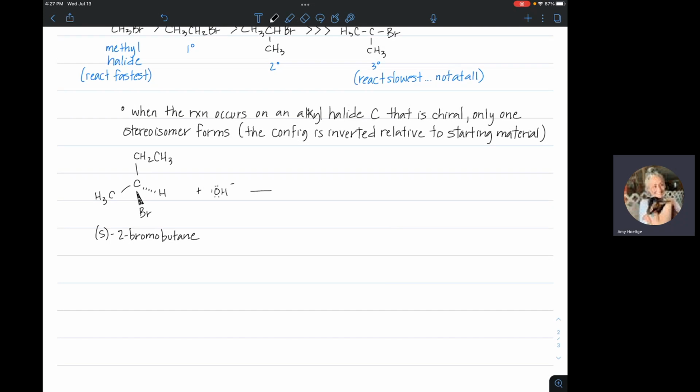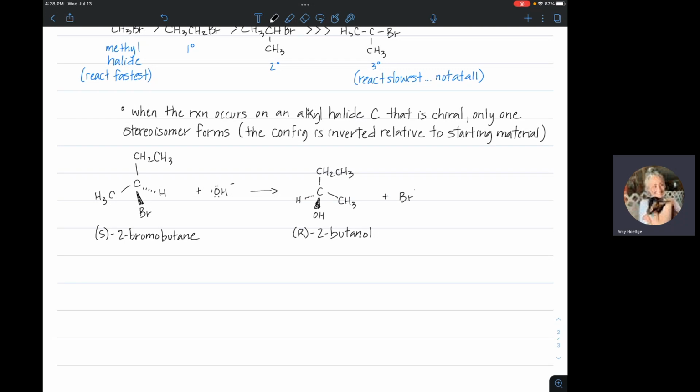What we get as a product is a substitution product where we have swapped out the bromine for a hydroxyl group. But not only that, we notice that we get the R isomer, not the S. So this is R-2-butanol. So we've inverted the stereochemistry, plus bromide.